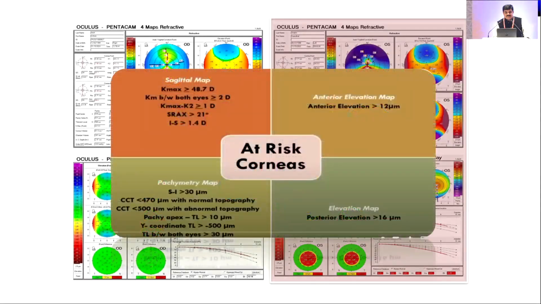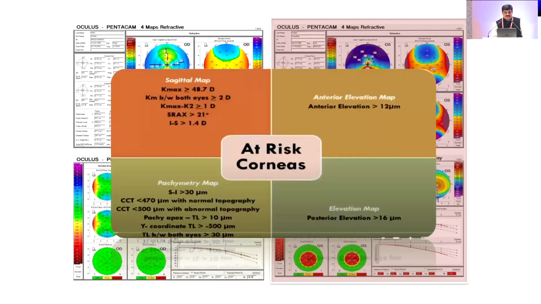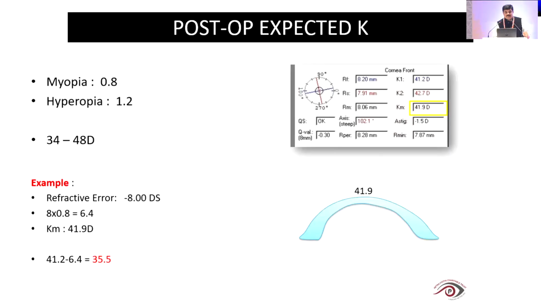What are at-risk corneas? Always, a keratometry reading more than 48 is at risk, anterior elevation more than 12 micron, and posterior elevation more than 16 micron is very, very important. So what should be the post-operative expected K? That is myopia 0.8, hyperopia 1.2, and you can do it between around 34 to 48 diopters.